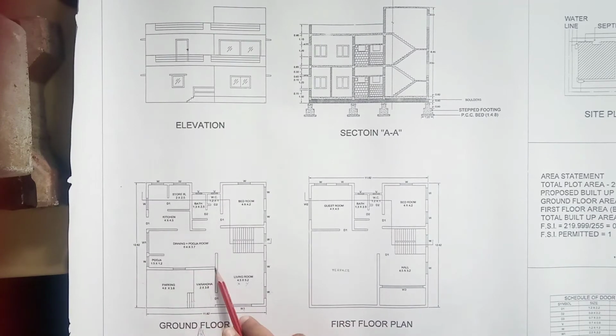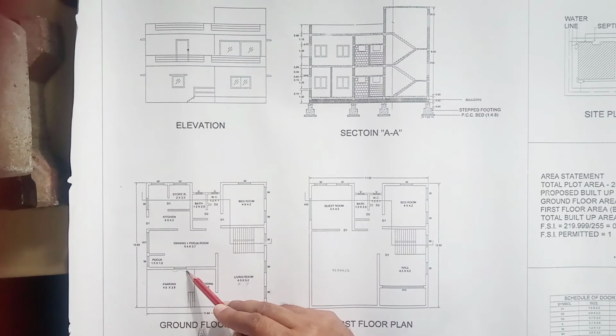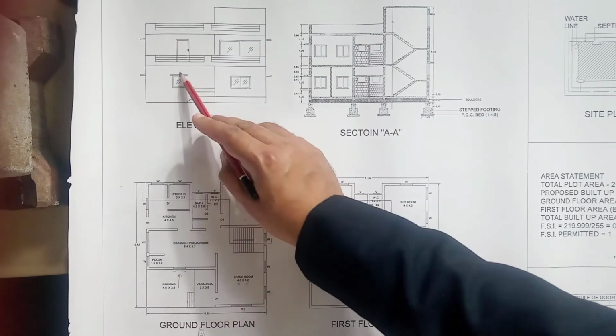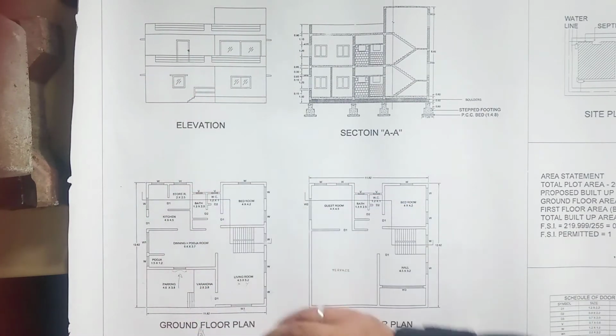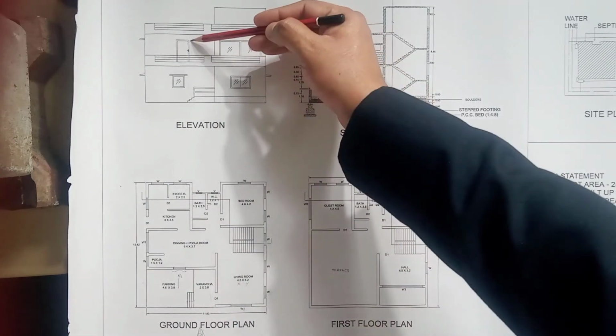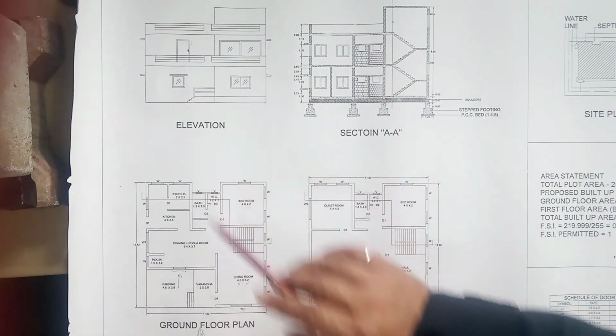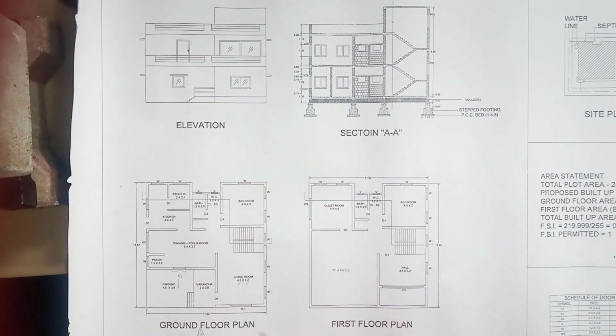Then next there will be a blank one, and this window will be there. Along with this, this window will be observed from the front side. Now through the first floor, this door will be seen, so that is why this door is here. Accordingly, you have to develop the elevation for the plan you have drawn.